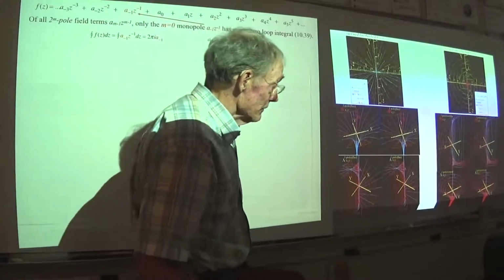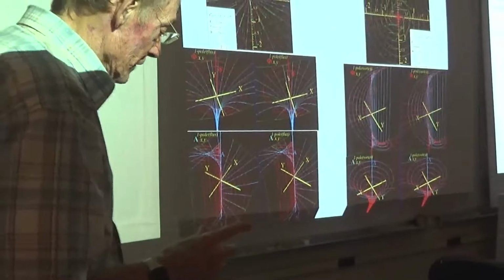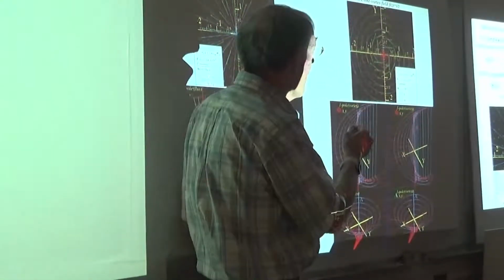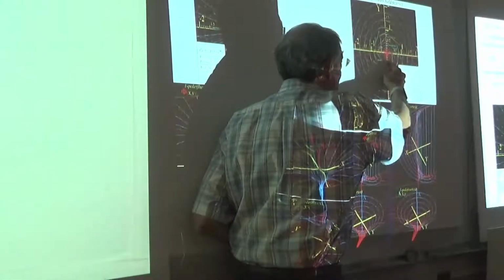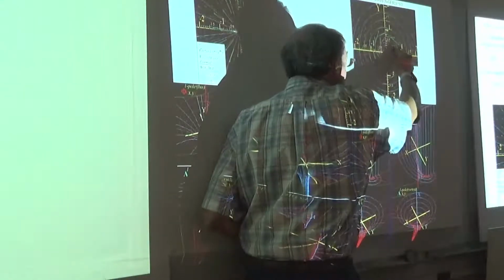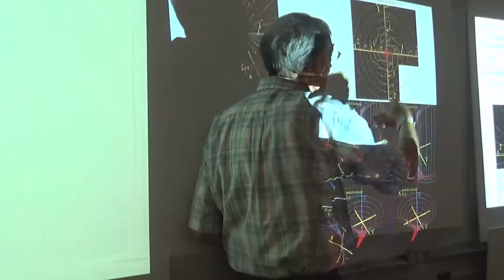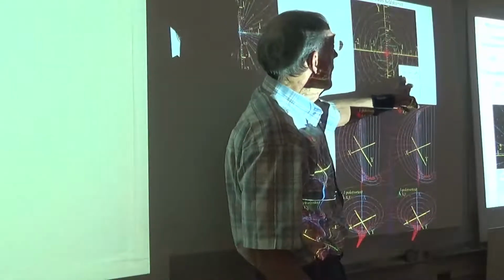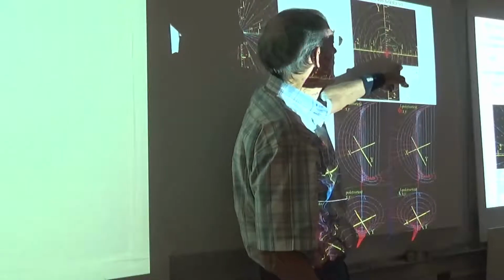Okay, it's very obvious that for this particular one, as I go around this thing, I'm going to lose energy and lose it some more. I'm going to be getting a positive integral.